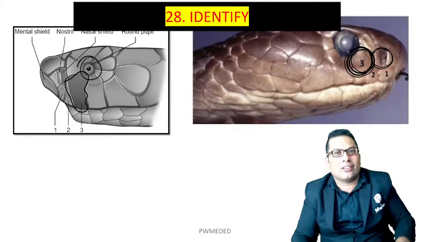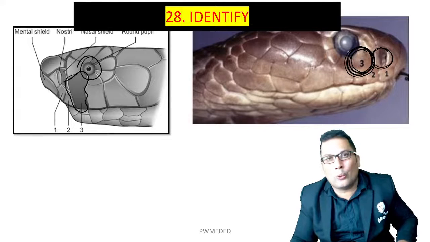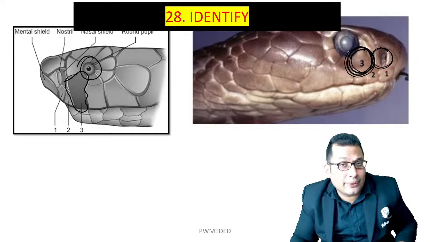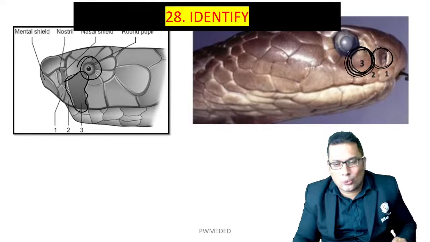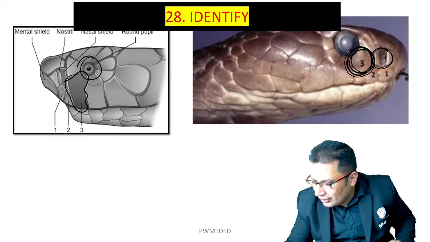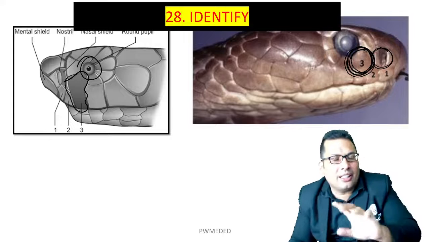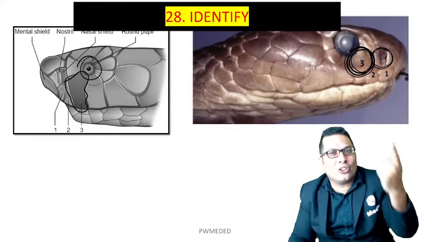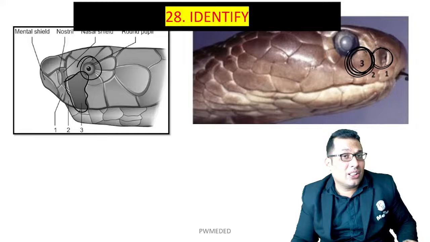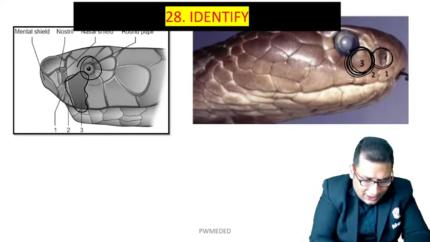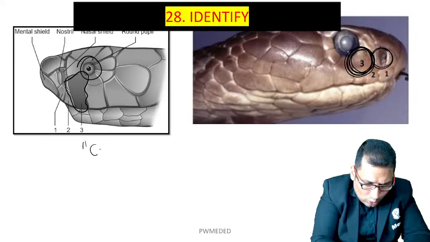What is this snake? Options are common krait, common cobra, Russell's viper, saw-scaled viper. What is the answer? Try, all of you. Third supralabial touches the eye and the nostril. It comes under Elapidae. This is nothing but your common cobra.